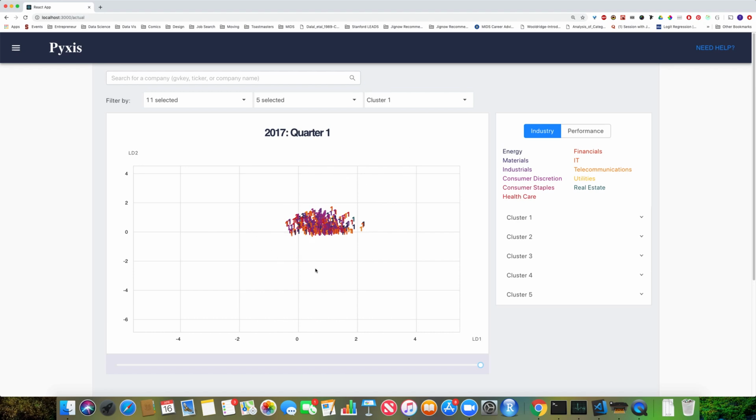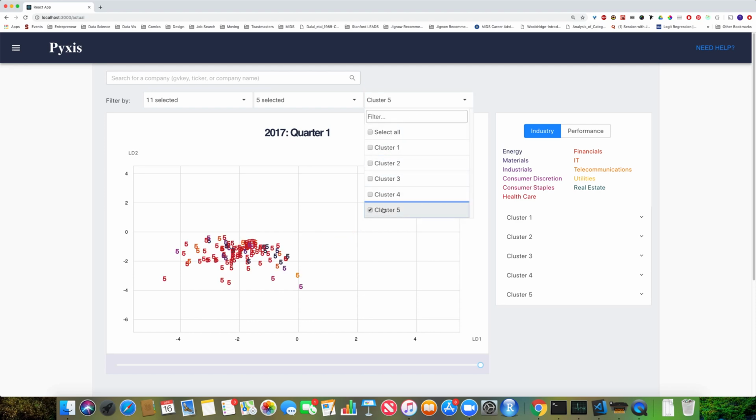So for example, cluster 1 in 2017 quarter 1 have these financial characteristics, and we rank them by importance. So EBIT is the one that they share the most in common, and clusters that are very tightly knit together have similar financial characteristics compared to, let's say, cluster 5, which are more spread out, which means that they have more diverse financial characteristics.